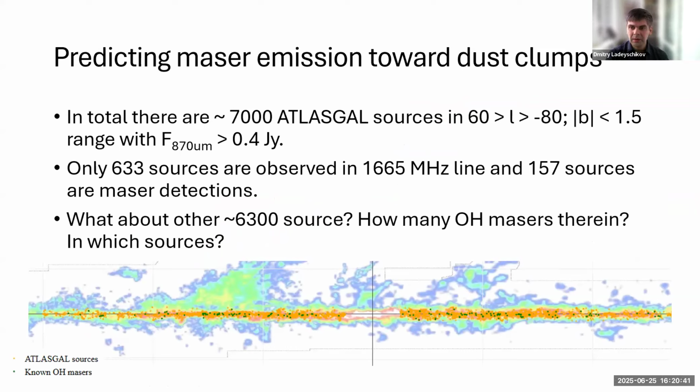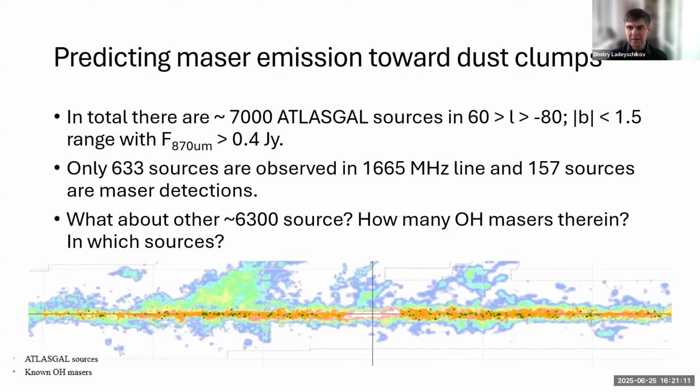For example, in the central part of the galaxy, I mean central plus minus 60 degrees, there are approximately 7,000 ATLASGAL sources with flux more than 0.4 Janskys, but only 400 sources were observed in the OH transition, I mean 1665. But what about the rest? How many OH masers are there?